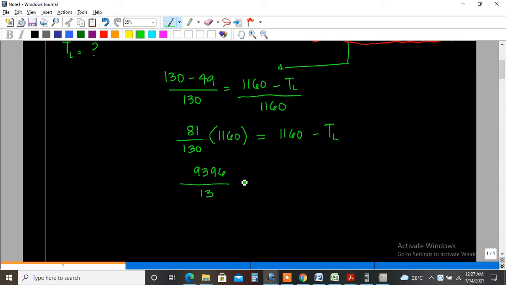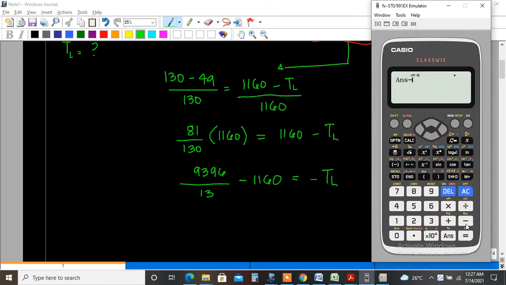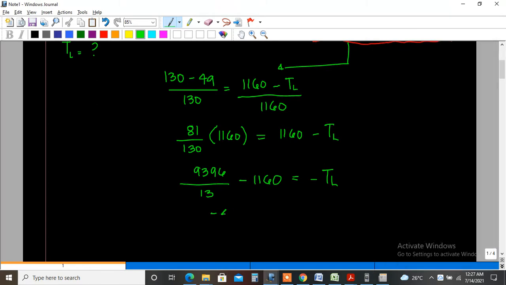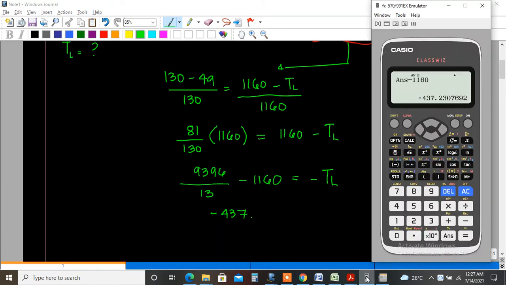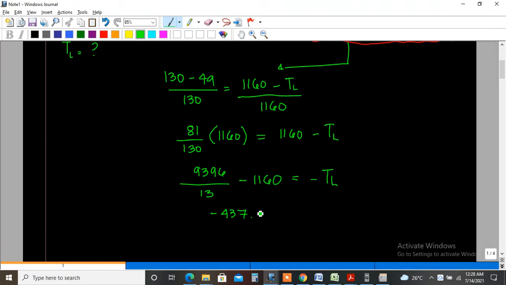So positive, it will now be minus 1160 equals negative low temperature. So 9396 over 13 minus 1160 is equal to negative 437.2308, negative TL.